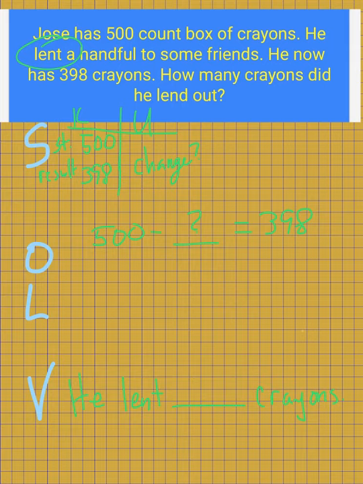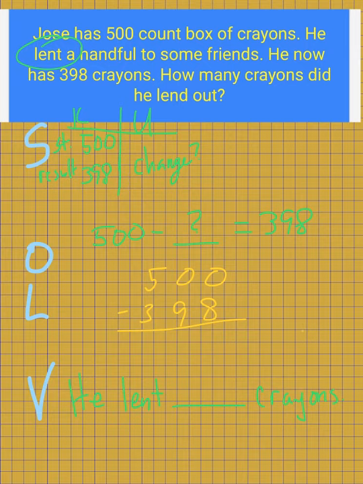Well, if he had 500 and he lent some out, he's separating, yes, and he's also subtracting. He's subtracting from the 500 that he had. So let's do that. Got 500 minus 398. If we subtract the result from the start, that should give us our change.